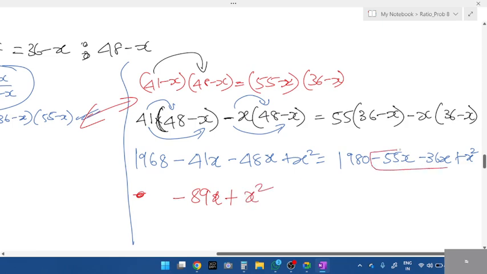Here, what do you get? Okay, we'll do one thing. I'll write it step by step. 1968 minus 49. Here, 1980 minus into minus plus. No, no, add. Like terms. You get minus 91. Okay, how do you arrange them?